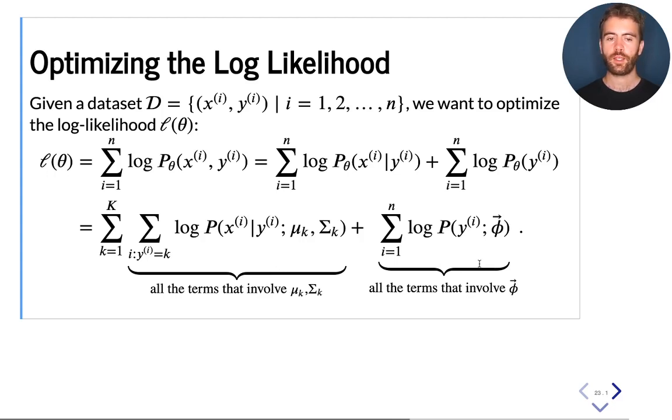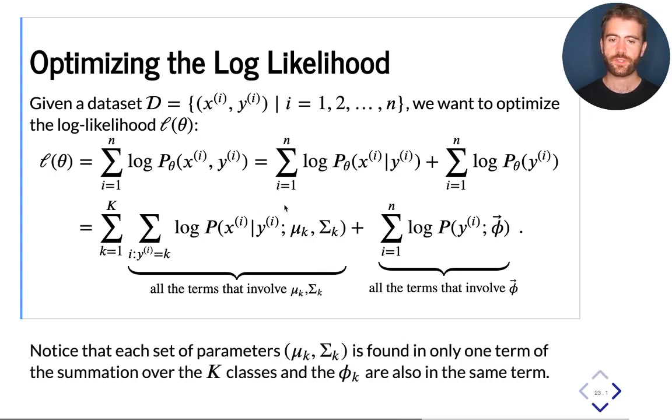Again, saying this in another way, we can decompose the log likelihood into a sum of terms, into a linear function where we're summing over a number of terms, and each term contains a different subset of the parameters.